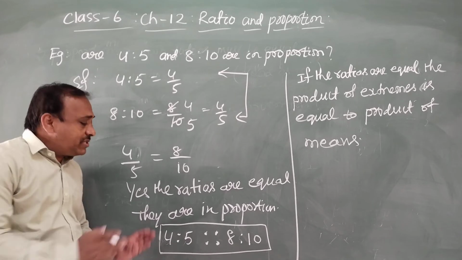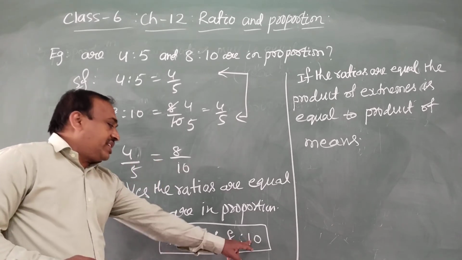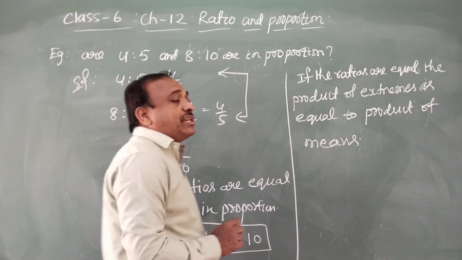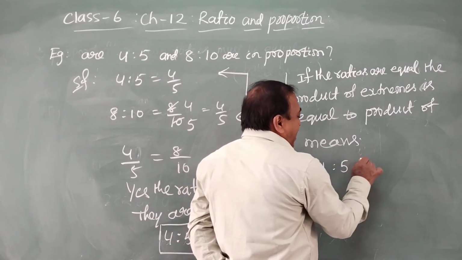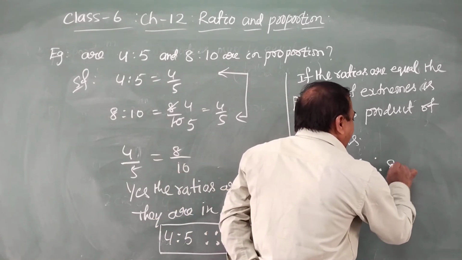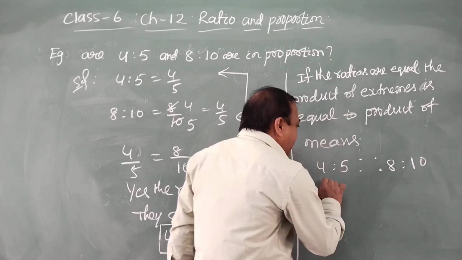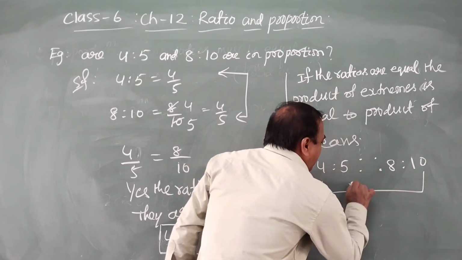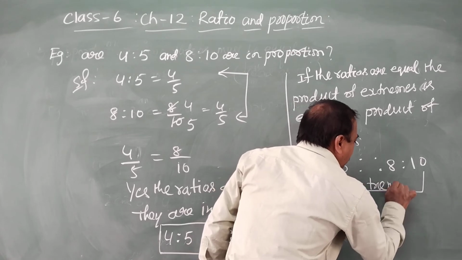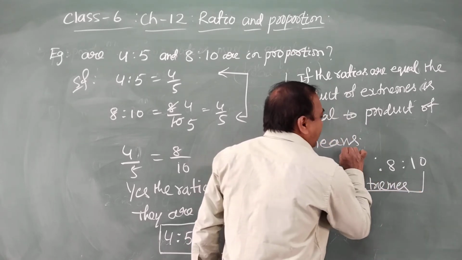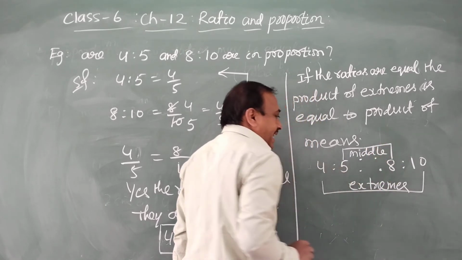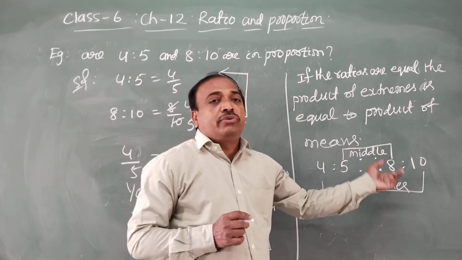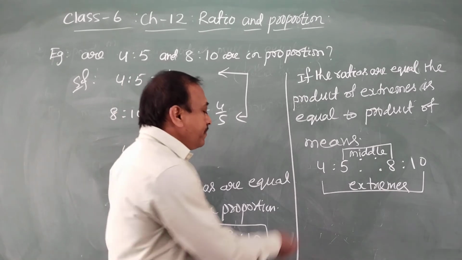Which are the extremes? The ones outside. The ones in the middle are the middle terms, or means, as we call them. So in 4:5 as 8:10, these are the extremes, and these are the two middle terms. The product of extremes should be equal to the product of middle terms.